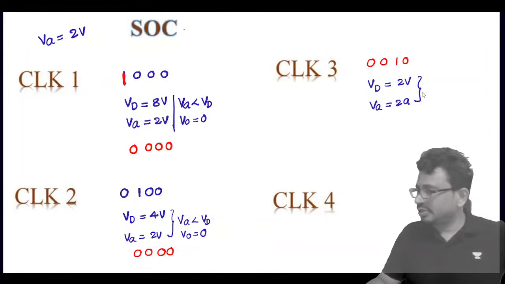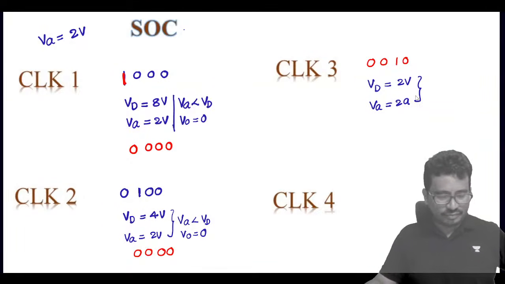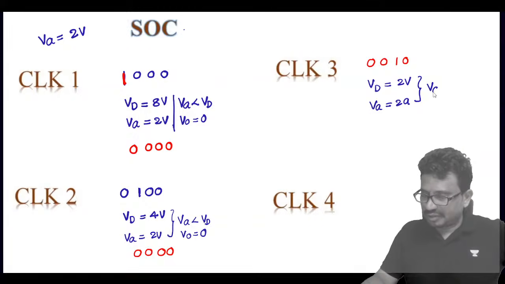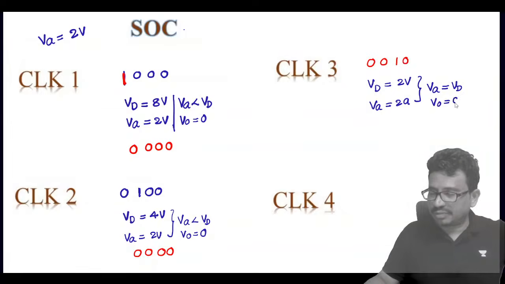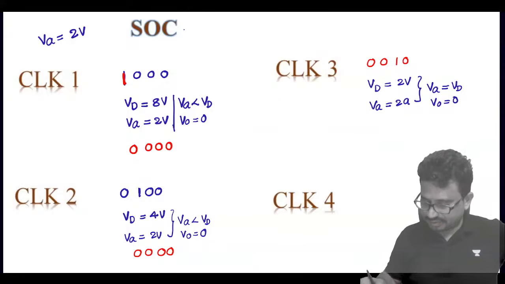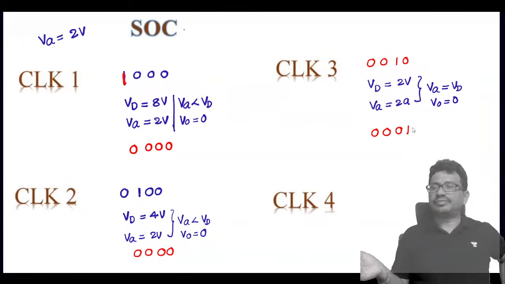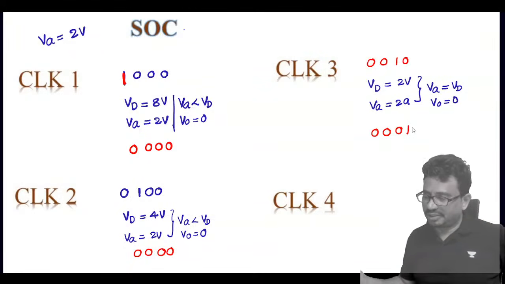So VA is equal to VD, and the output value still becomes 0. So it will clear this bit, and then this value will be 0 0 1. If it is greater, only then 1 from the comparator, otherwise 0 only.